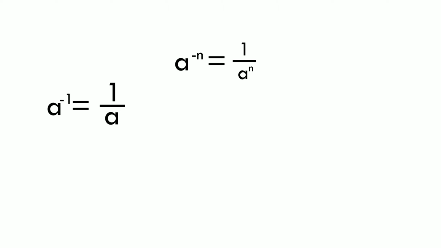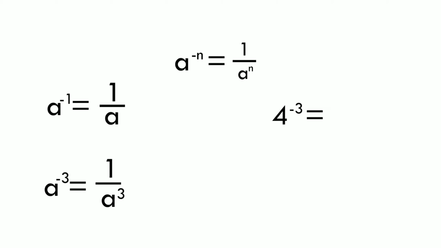Similarly, I can also have it in fraction form. Same goes with a raised to the power of negative 3. That's just 1 divided by a divided by a divided by a. Or in fraction form, that's just 1 over a raised to the power of positive 3.